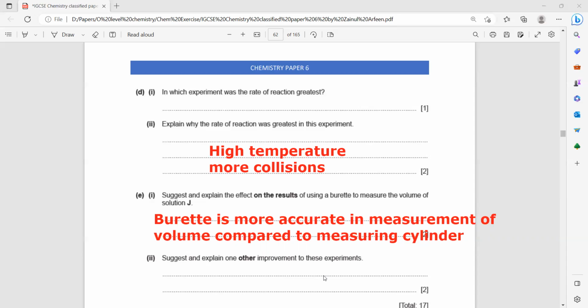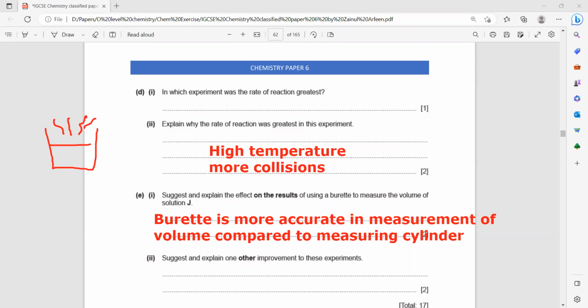Then the last part: suggest and explain another improvement to this experiment. As you can see, when we are carrying out this reaction, we are changing the temperature, and we are doing it at different temperatures. So what might happen when the mixture is hot is that the mixture will lose energy to the surroundings.